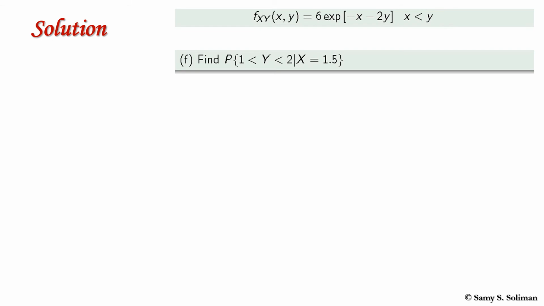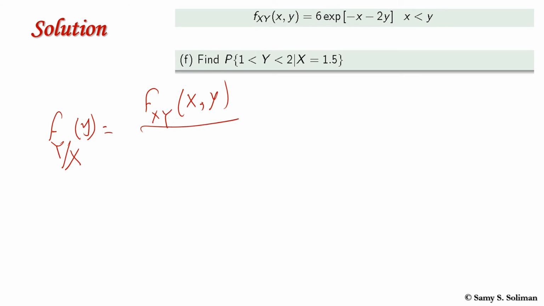The last requirement is an example of conditional probability, where we are asked to find the probability that y ranges from 1 to 2, given that x equals 1.5. So this is conditional probability. We want to find a probability for y given x. If we want to calculate it in general for any value y, this is the joint distribution f of x and y divided by the marginal distribution f of x.